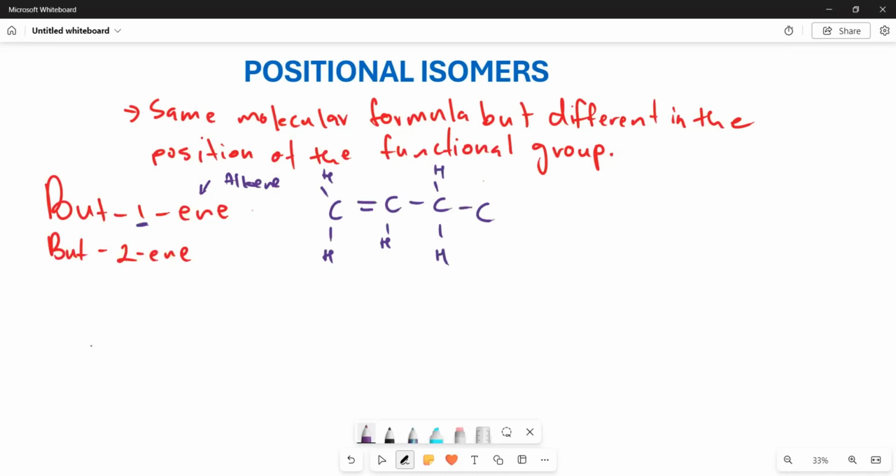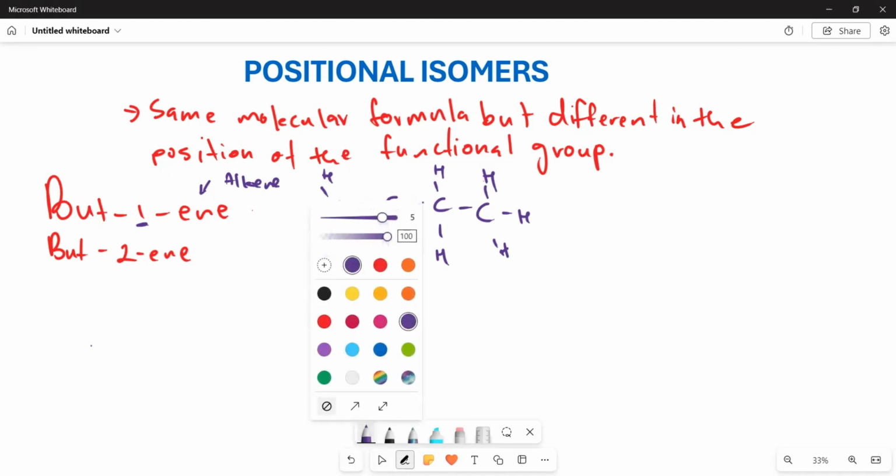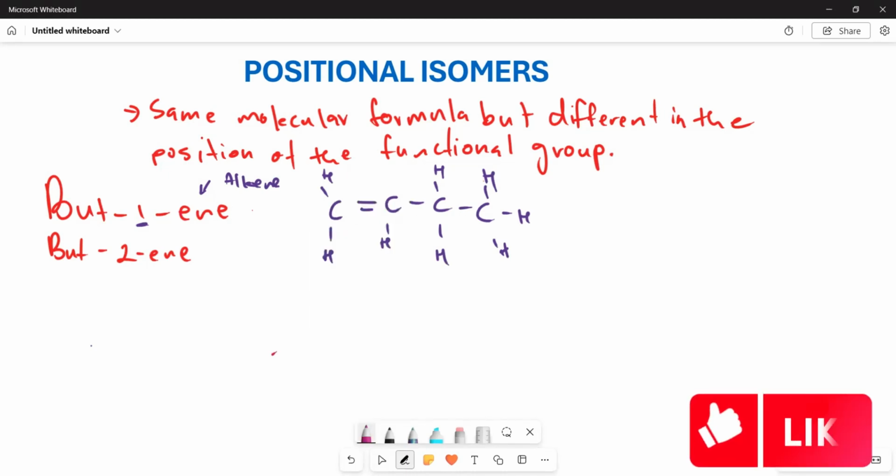Now, I want you to look at the second one. Sorry about that. Look, I want us to look at this but-2-ene. Now, but-2-ene is going to be the same, still 1, 2, 3, 4 carbons.